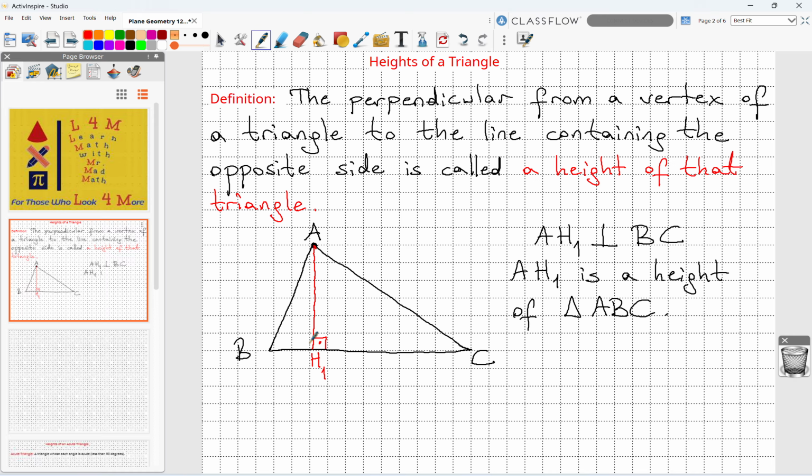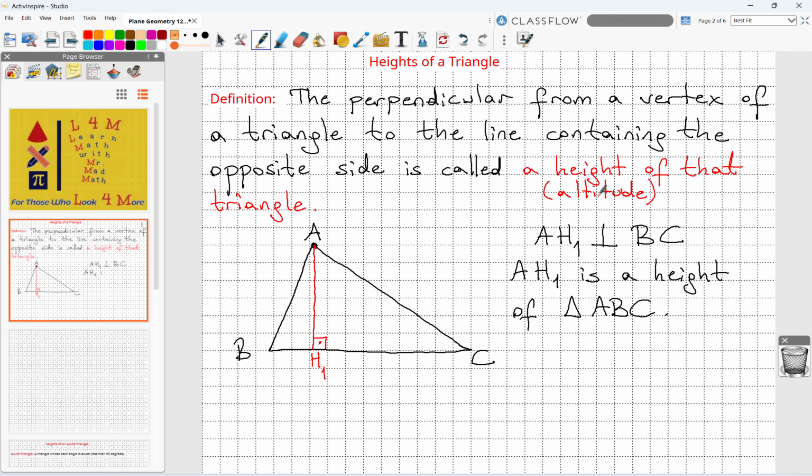In fact, I said AH1 is a height, but it's actually called an altitude. There's a slight difference between height and altitude, but height is commonly used for both.